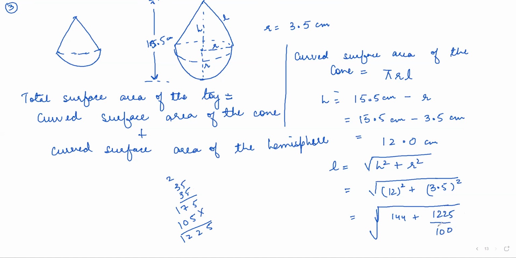Okay. You can do one thing to make the calculation simpler. Don't convert it into fractions. Just simply do 3.5 into 3.5. But then again, you have to take square root, isn't it? Anyway, let us solve it the way I'm doing it. So under root 144 plus 1225 divided by 100. Is that okay?